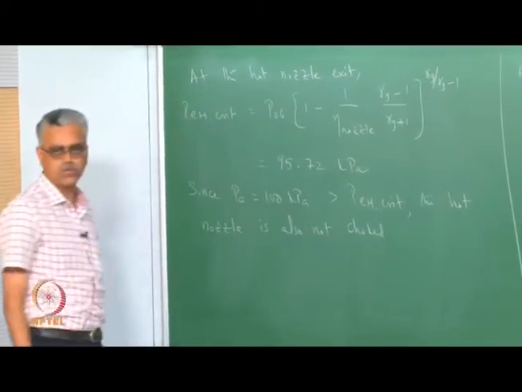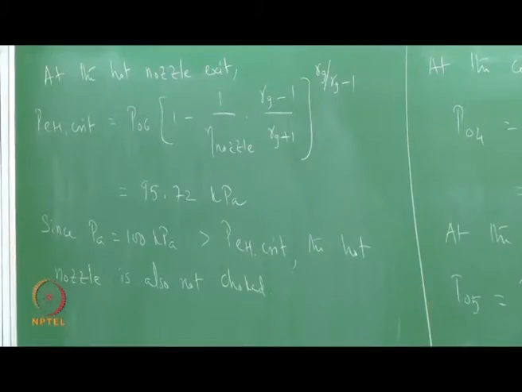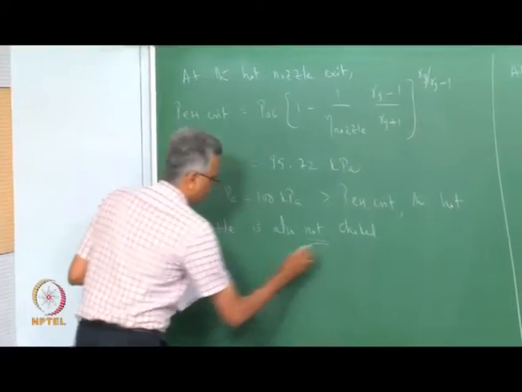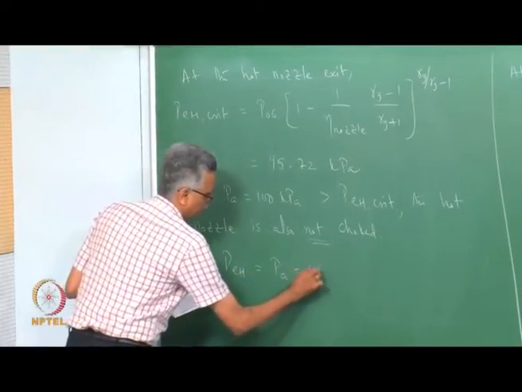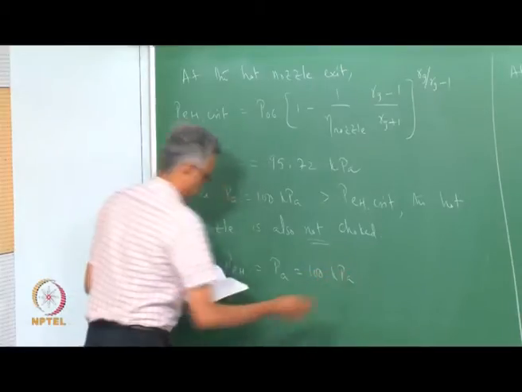The cold nozzle was also not choked, and for operation at sea level static pressure, you can see that the hot nozzle is also not choked. Therefore, PEH is equal to PA is equal to 100 kilopascal.